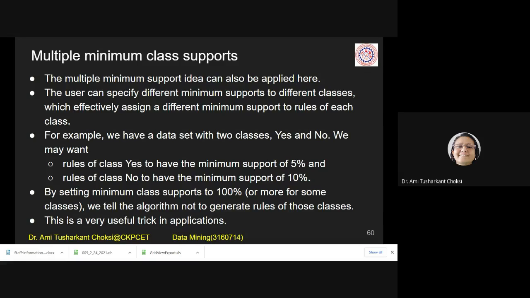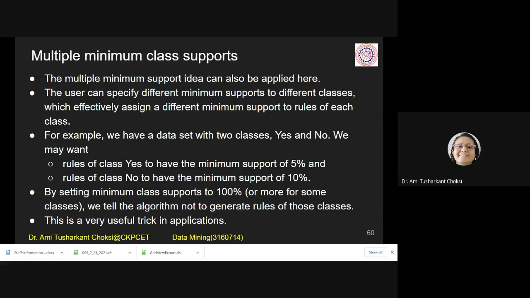But for bread butter, if only one item was sold in the whole day, can we say it is frequent? So what we want to say is that based on the particular item, we need to set the support.